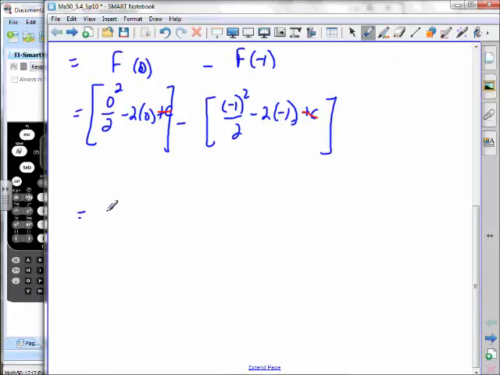So let's see, this is going to be actually 0 minus, and this is going to be 1/2 plus 2, or simply -2.5.